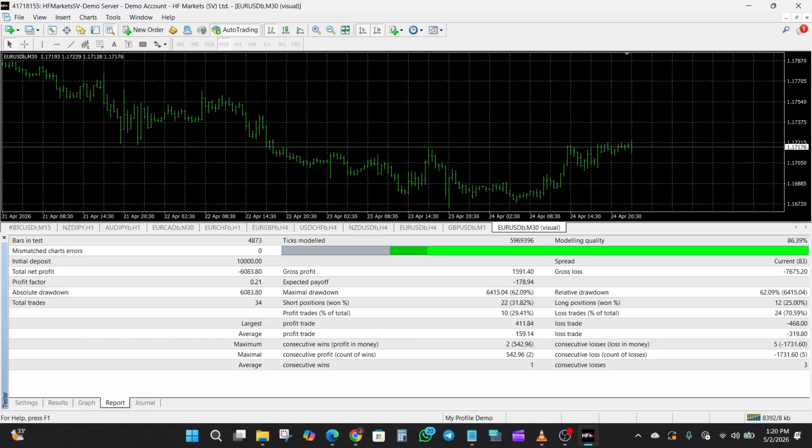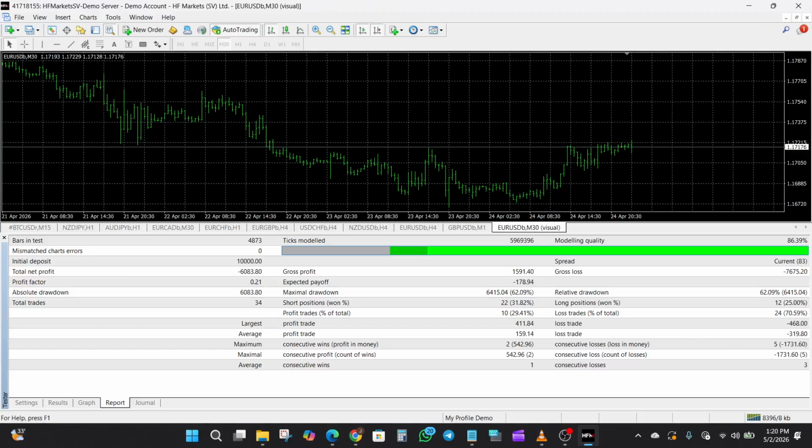Remember that these are just historical backtest results. In as much as the EA performed poorly, this does not mean that this is the exact kind of future performance that the EA would display.